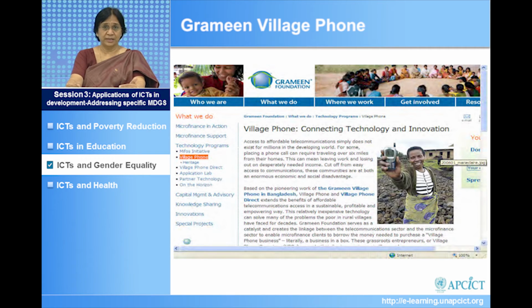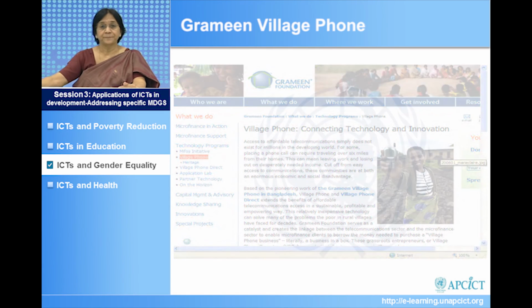It started in Bangladesh, but it has moved on to Africa. And the importance of looking at the Grameen Village Phone is to see whether this kind of a model is replicable and can be used in contexts other than a South Asian one. I invite you to look at the Grameen Village Phone example by going to their website.